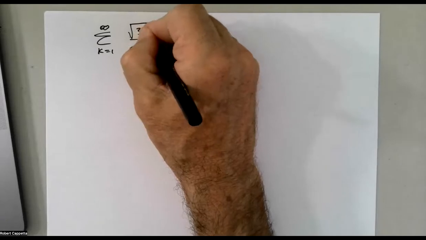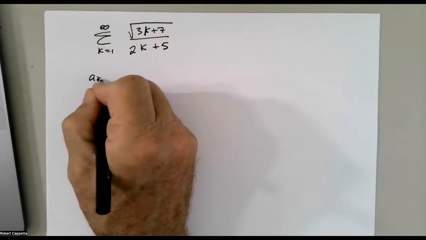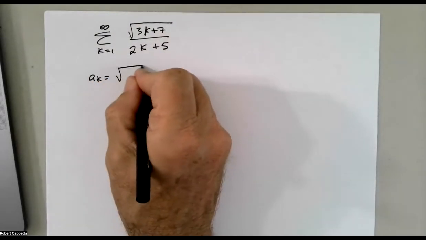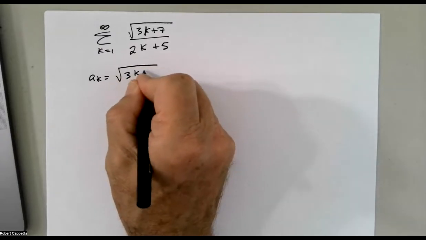I always make that mistake. So there's my a sub k: the square root of 3k plus 7 over 2k plus 5.